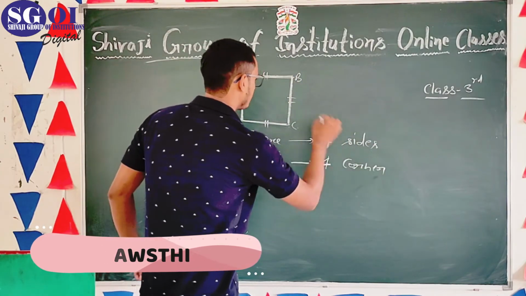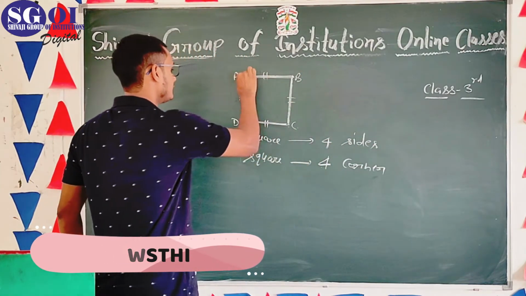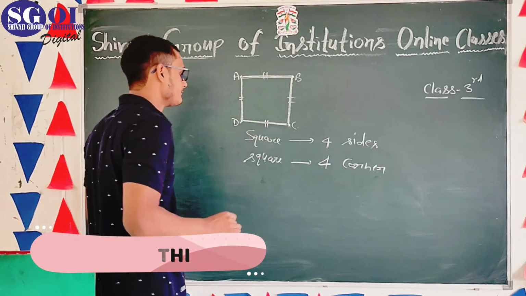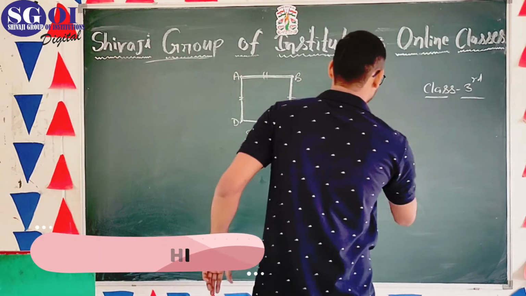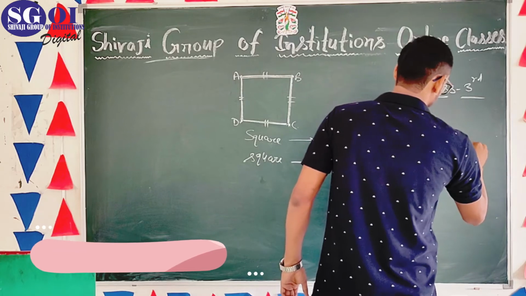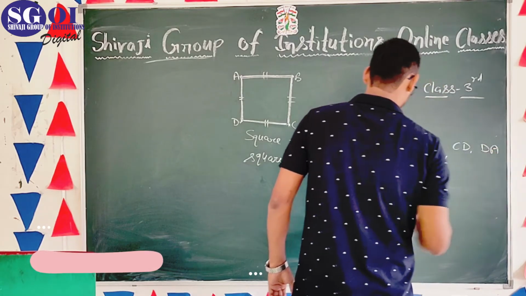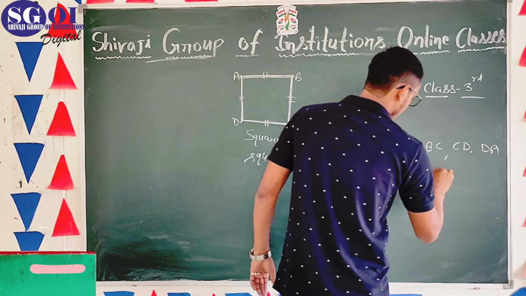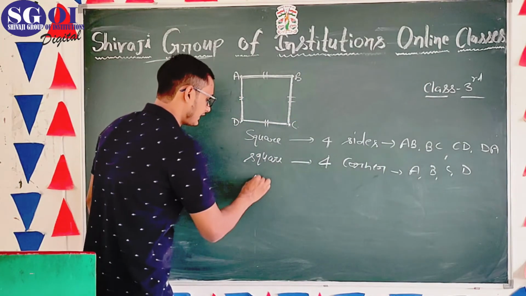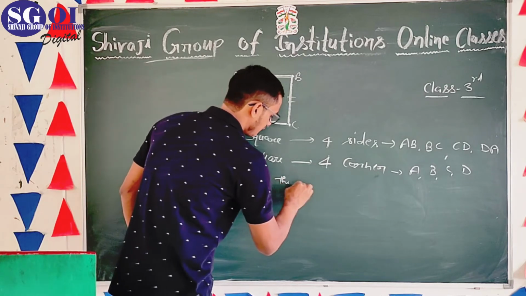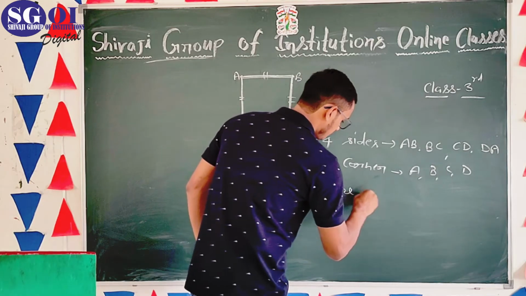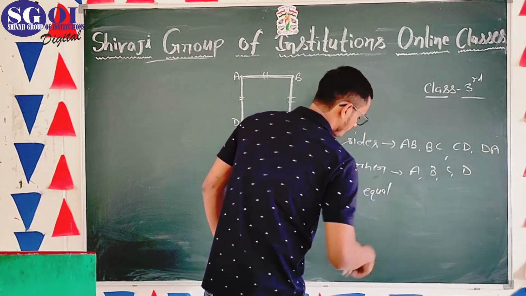Square has four corners: A, B, C and D. Four sides AB, BC, CD, DA, and four corners A, B, C and D. And all the sides are equal.